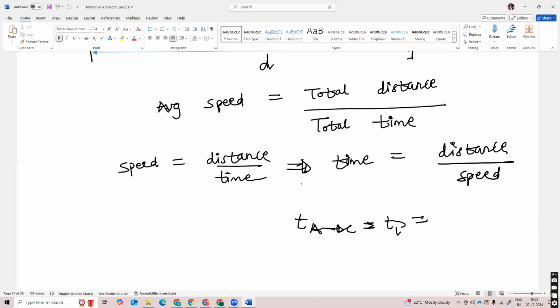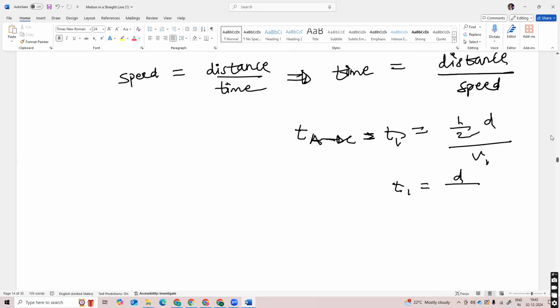So t1 is 1 upon 2 times d divided by v1, and finally we get t1 equal to d upon 2v1.